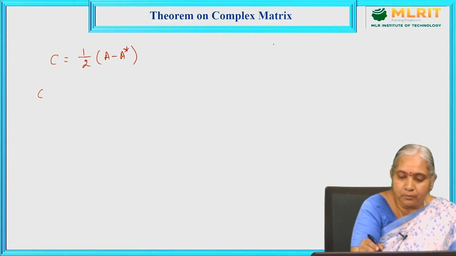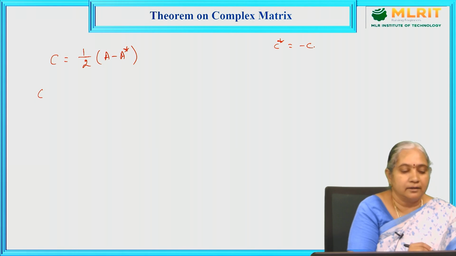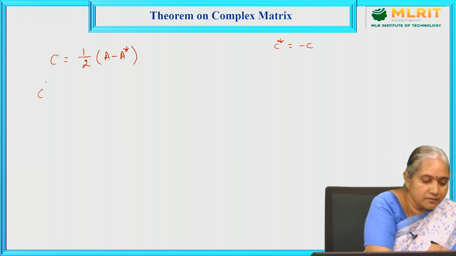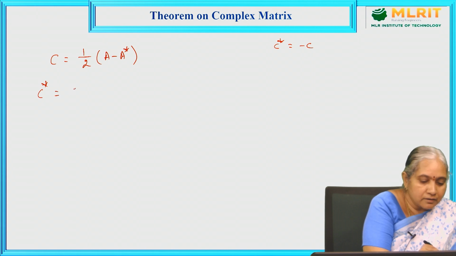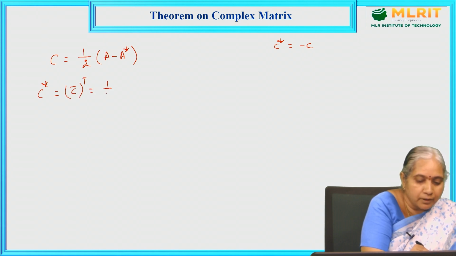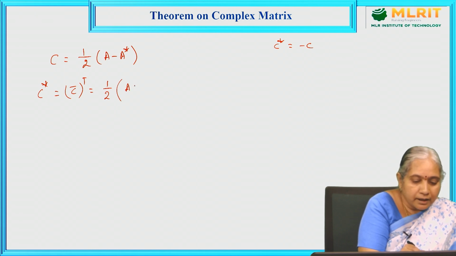If we prove C star equals minus C, then we say that C is a skew Hermitian matrix. So C star, or C conjugate transpose, equals 1/2 into A minus A star, conjugate whole transpose.